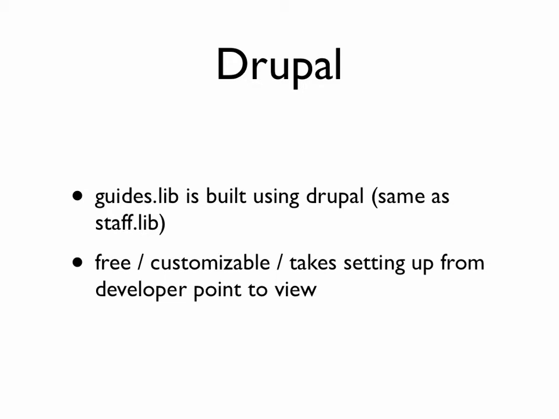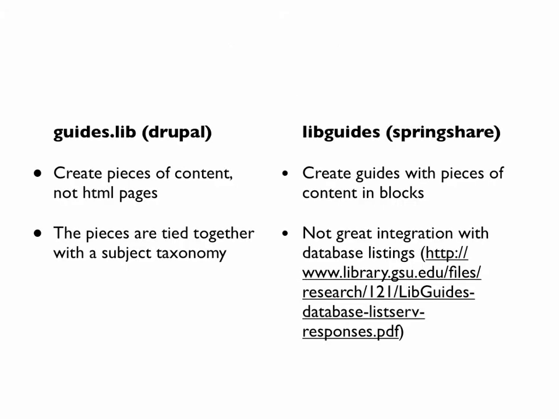So what I'm going to show you is built using Drupal, and that's the same as what staff.lib uses. It's open source software, it's customizable, but it definitely takes time. With that customization, there's a cost, the cost of the time to develop it.